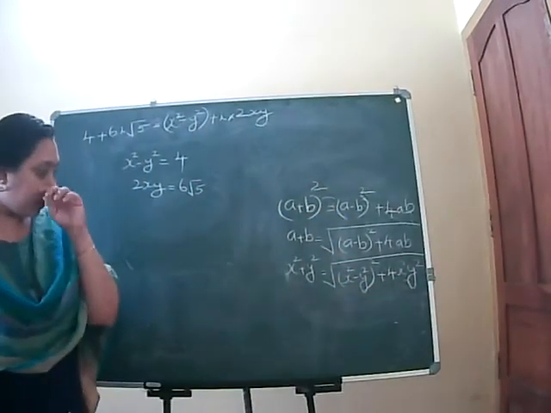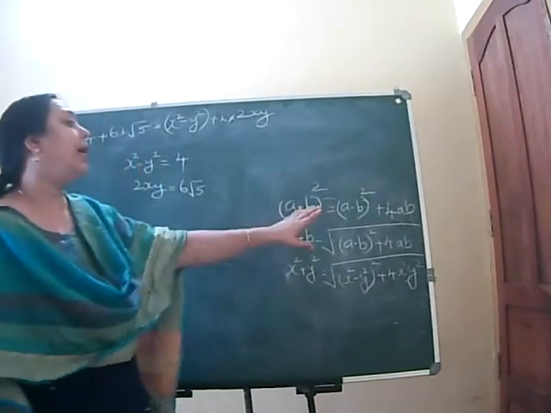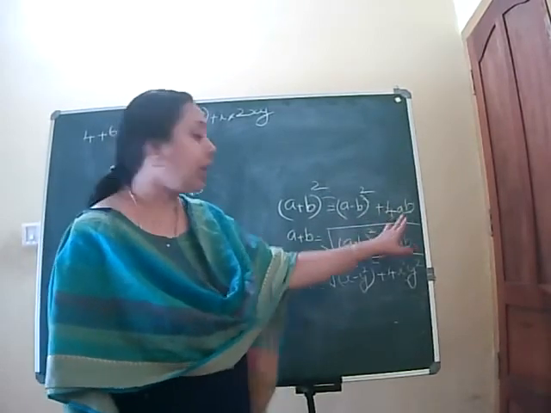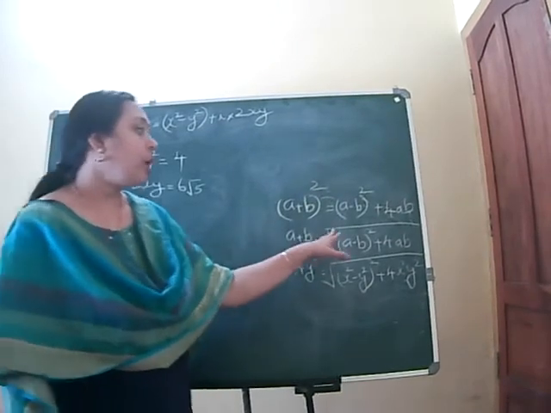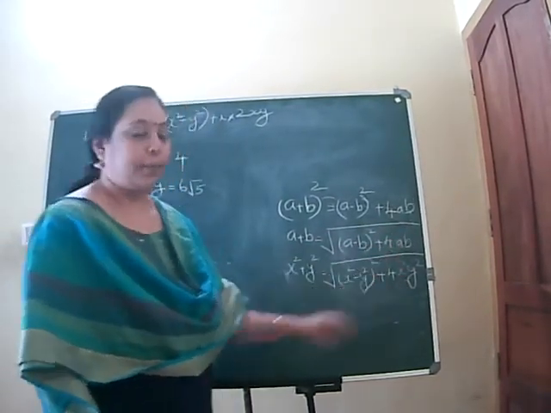Okay. Using the identity a plus b whole square is equal to a minus b whole square plus 4ab, we get this identity, that is a plus b is equal to square root of a minus b whole square plus 4ab.